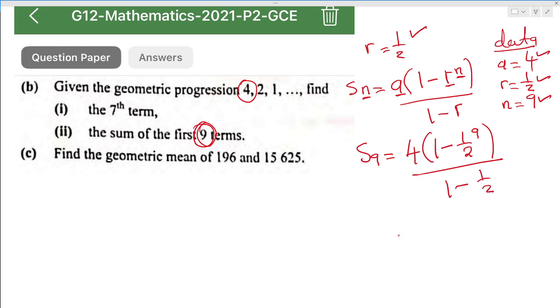So S9 is going to be equal to 4 open brackets 1 minus, what is 1 raised to the power of 9? It's just going to be 1 over 2 raised to the power of 9 gives me 512. Close the bracket, everything over 1 minus half, which is half.